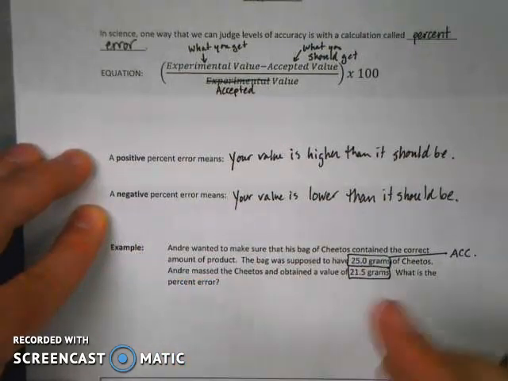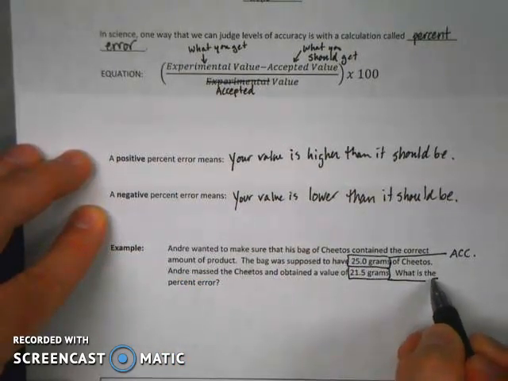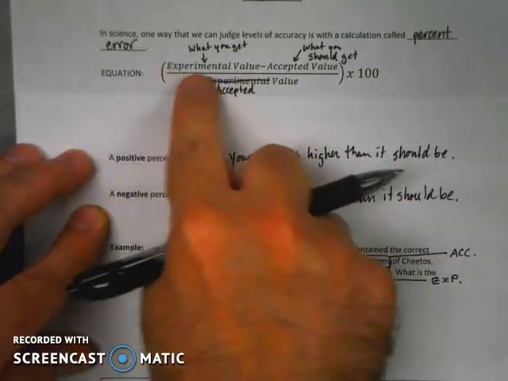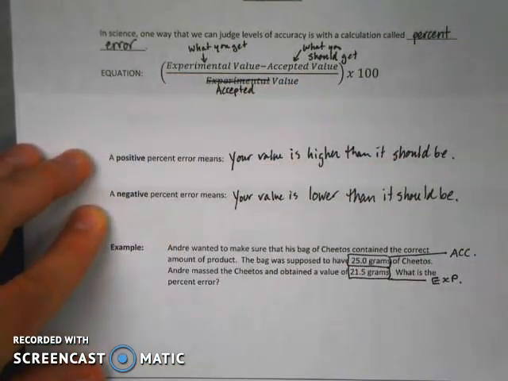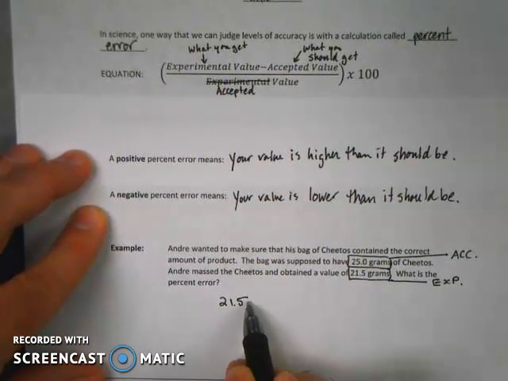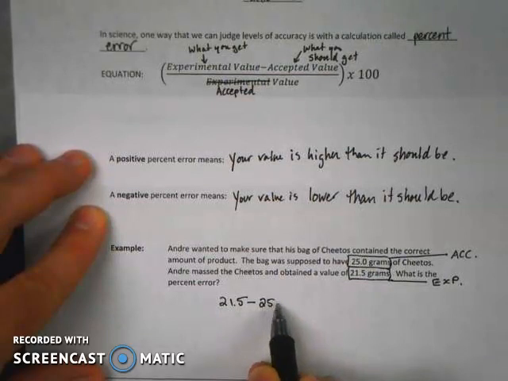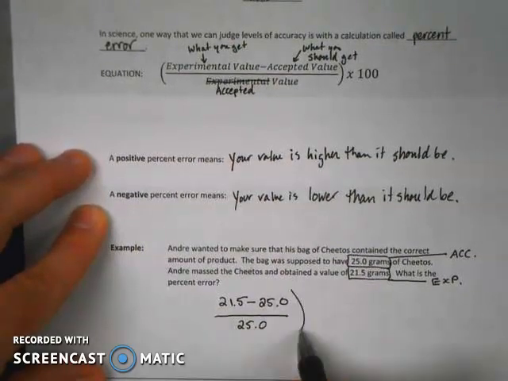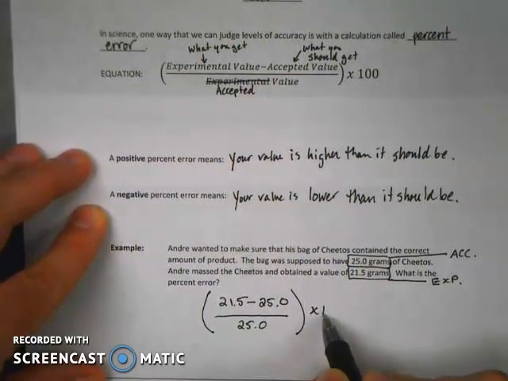Andre massed it and got this value, so that is the experimental value. So now all we have to do is put it into our equation. The experimental value, 21.5, minus the accepted value, all over the accepted value, and then we take that answer and multiply it by 100.